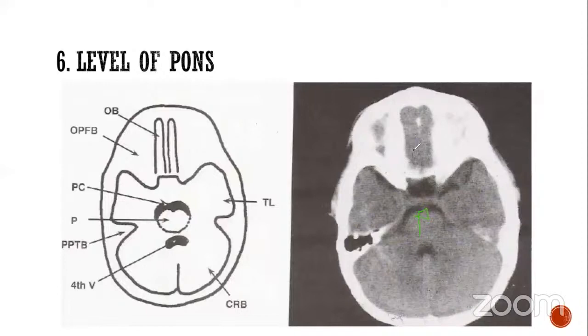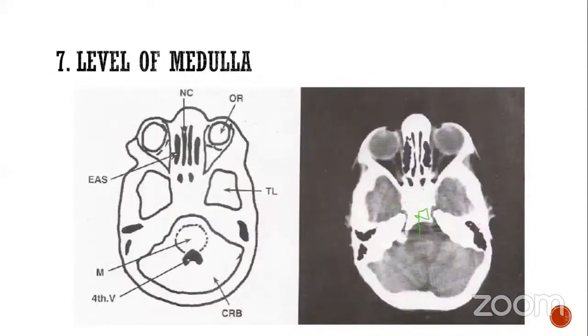Next one is at the level of the medulla. This level demonstrates the orbit, the nasal cavity, and the nasal sinuses anteriorly.